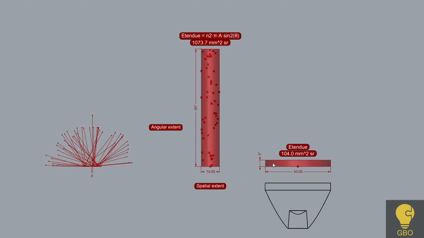But wait, we're trying to squeeze a source with 1000 of Etendue into an optical system that can only carry 100. Something clearly doesn't add up. That something is a conservation law, because Etendue can never decrease in an optical system.